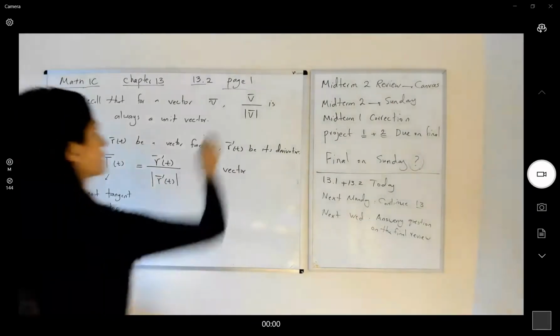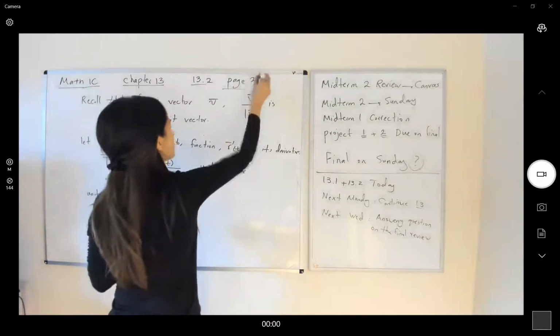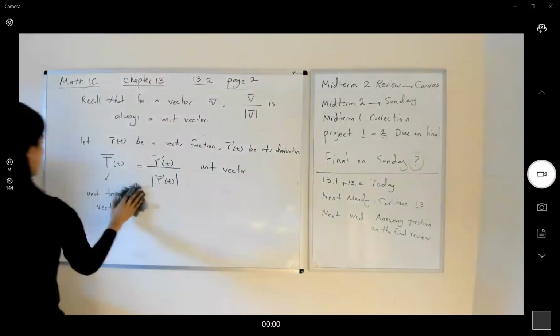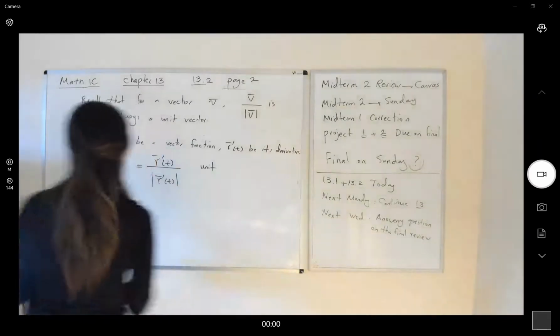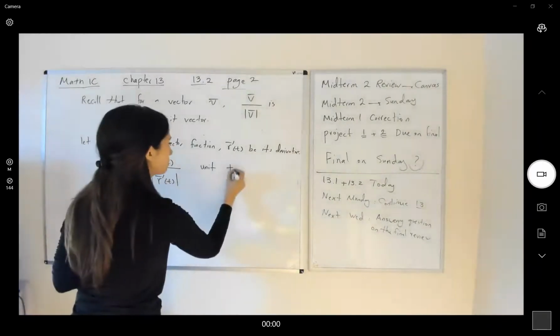Okay, let's go over one example. Page 2. So we have our unit tangent vector.